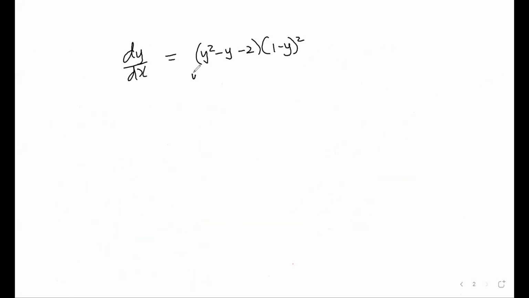So we saw that our Nullclines are y equals minus 1, 1, and 2.